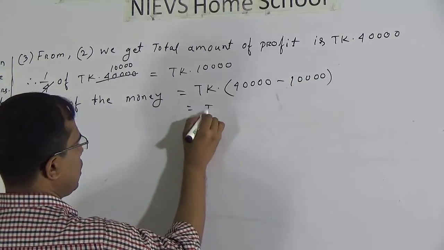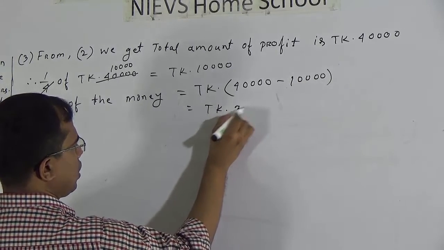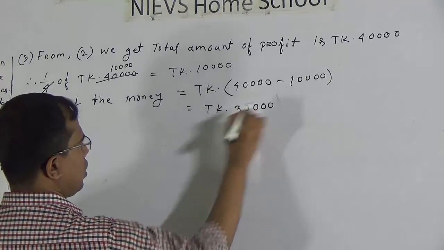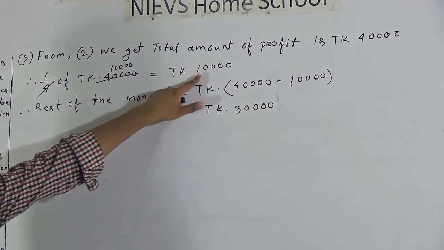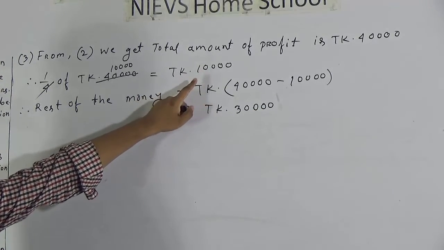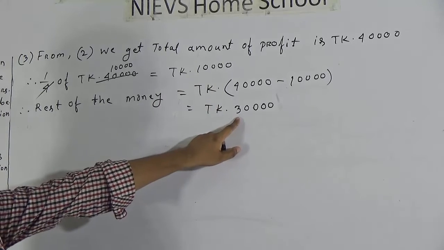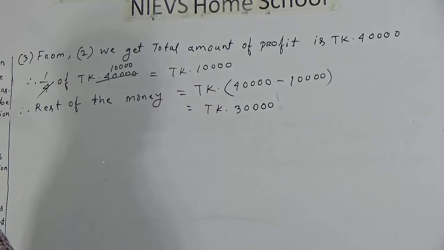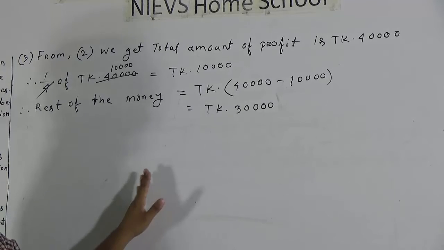This is equal to TK 30,000. This TK 10,000 is invested at the rate of profit 5%, and this TK 30,000 is invested at the rate of 4%, and in both cases the number of years is 2 years.